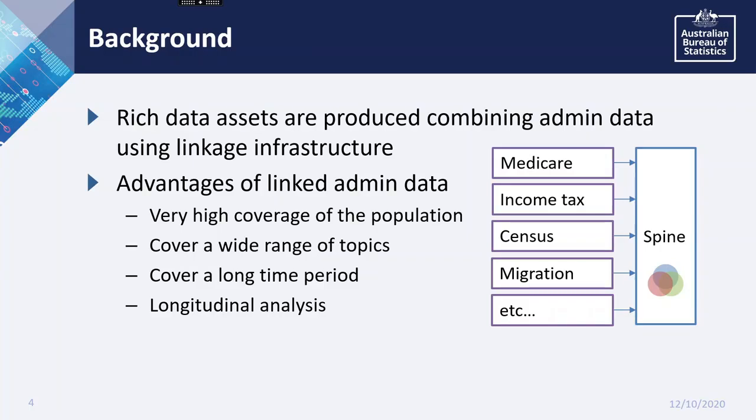The linked data would cover a wide range of topics and cover a long time period. It also allows certain kinds of longitudinal analysis that tend to be difficult with other kinds of collections. So for instance, it's possible to do analysis on a transition out of education into employment, for example.